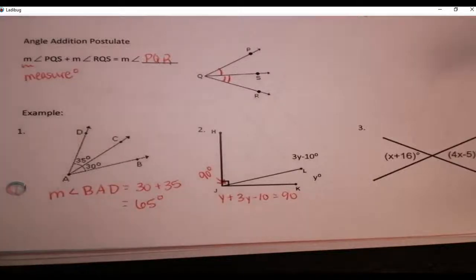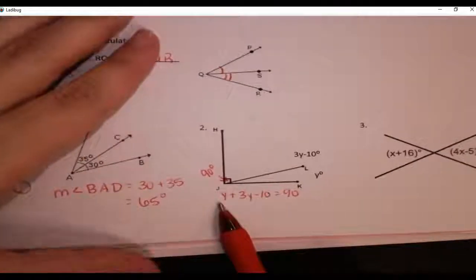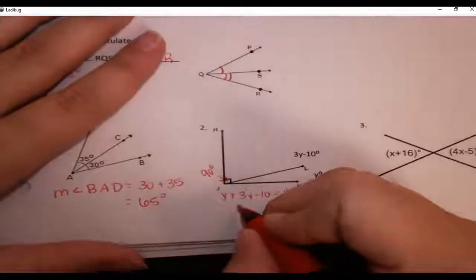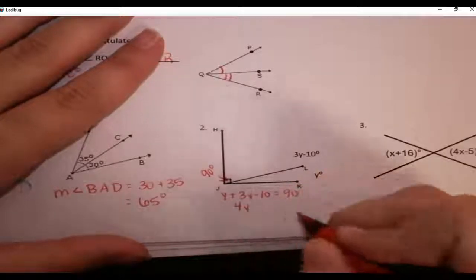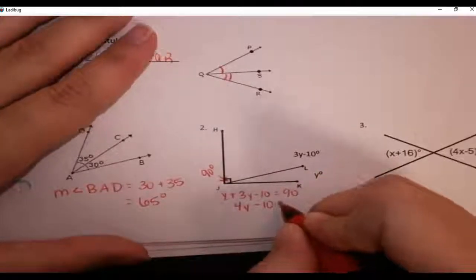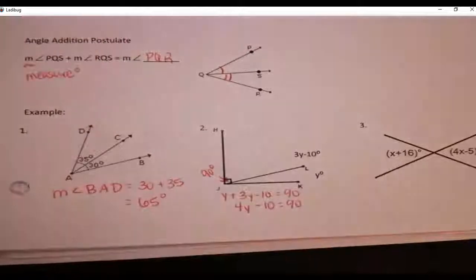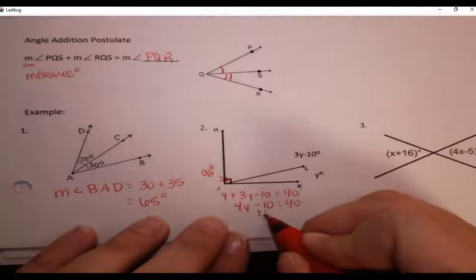So then what should I do to solve it? Good. Combine like terms. So y plus 3y gives me 4y minus 10 equals 90. Then what? Add 10.